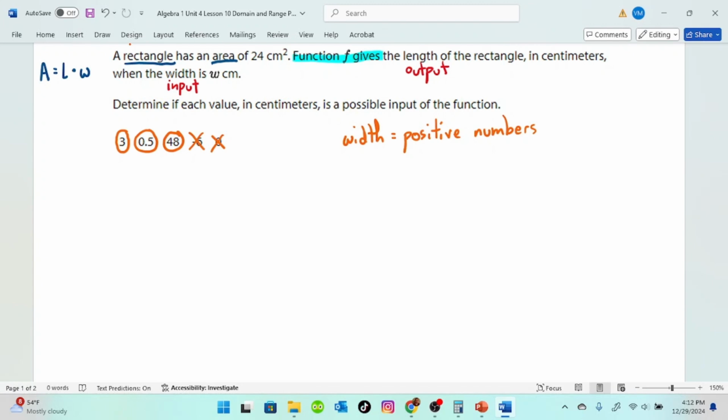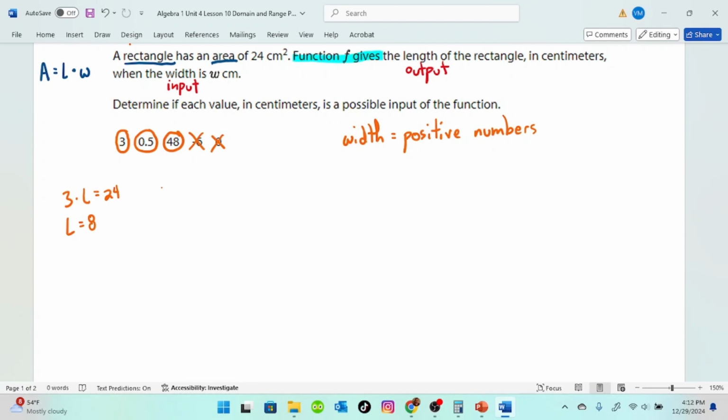If my width is 3, then 3 times length equals 24 means that my length is 8.